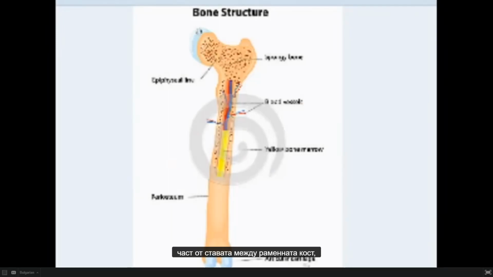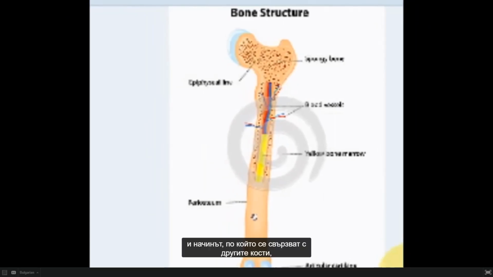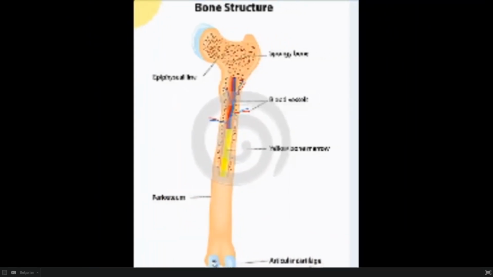This is part of your joint between, for example, your humerus, your arm, or your hip, your femur. In the way where they make conjunction with other bones, nature put something so that the two bones do not crush and rub against each other, and they call this articular cartilage.